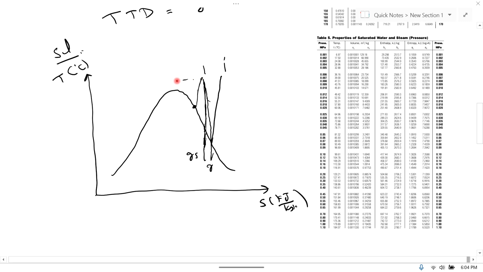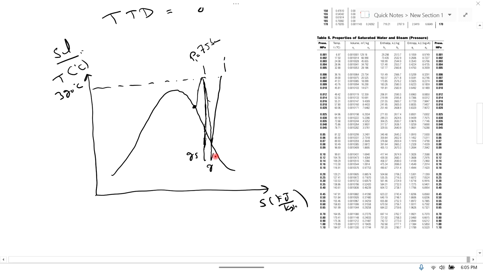This is T1 is equal to T1 dash, which is equal to 320 degrees centigrade, and at point 1 the pressure is equal to 75 bar. P1 is 75 bar. P1 dash pressure is not given to us, so we will suppose this pressure.